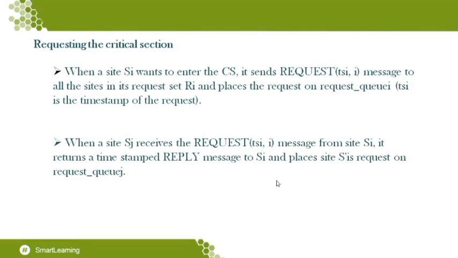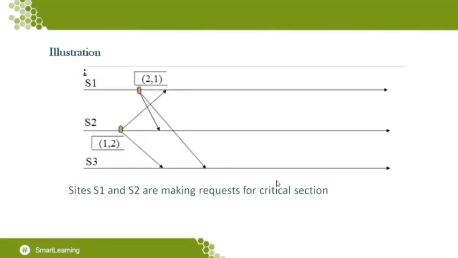Now just see here, S2 is the first one to initiate the communication. It wants to enter the critical section, so it is the first one which has initiated the communication.